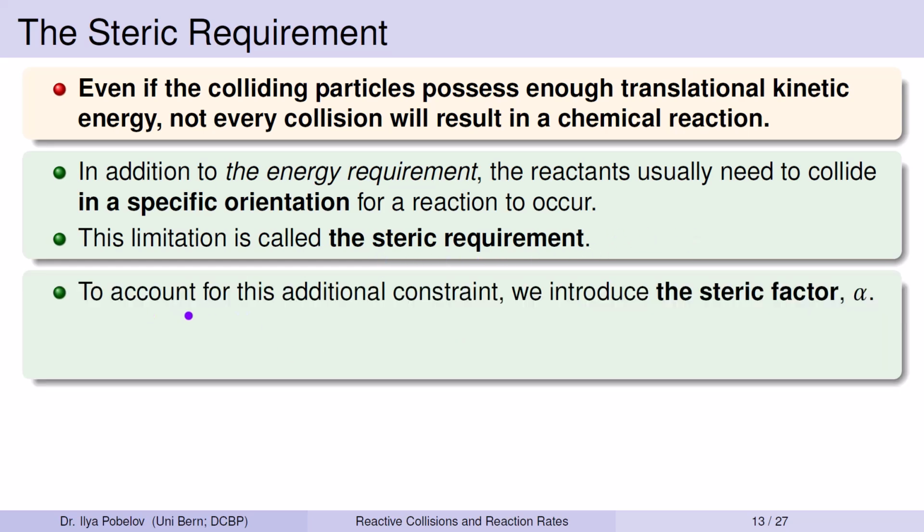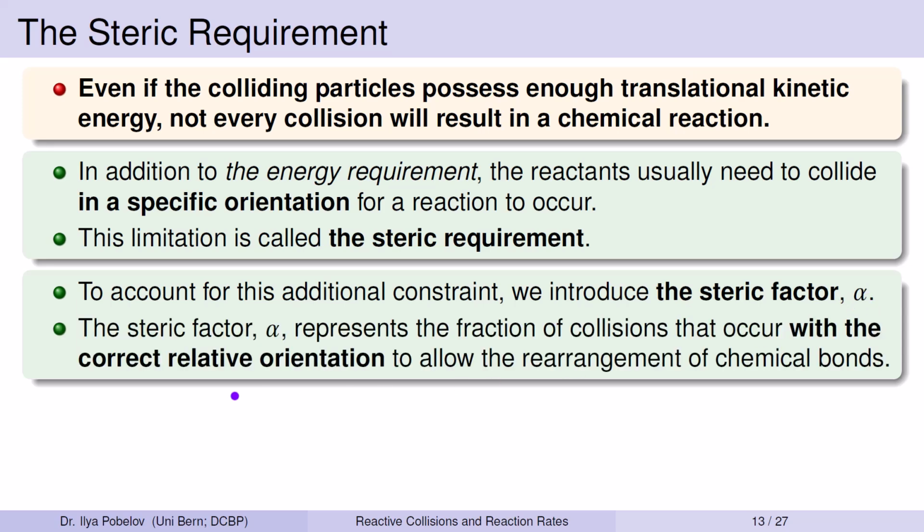To account for this additional constraint, we introduce the steric factor denoted by the Greek letter alpha. The steric factor alpha represents the fraction of collisions that occur with the correct relative orientation to allow the rearrangement of chemical bonds.